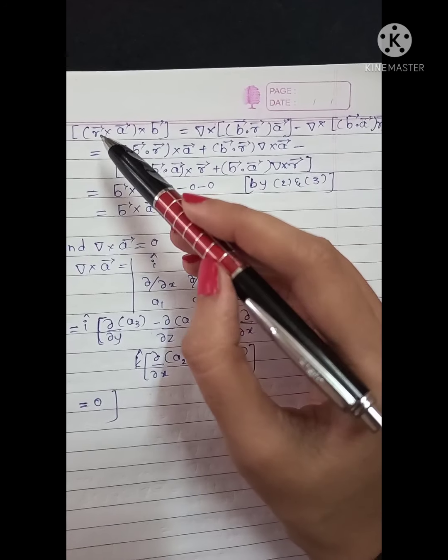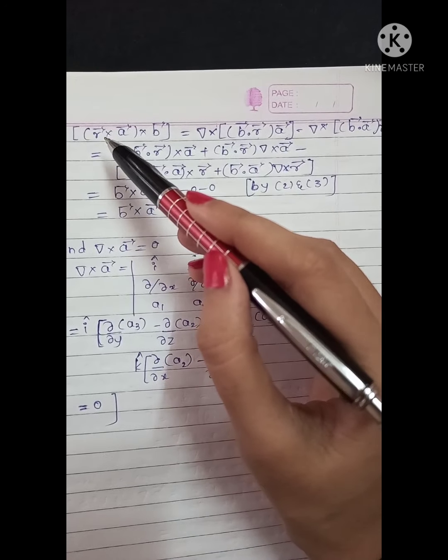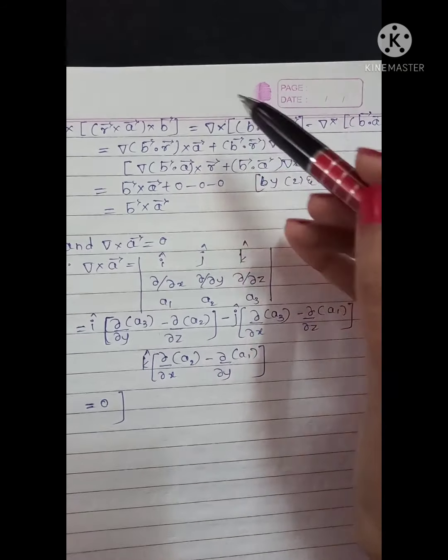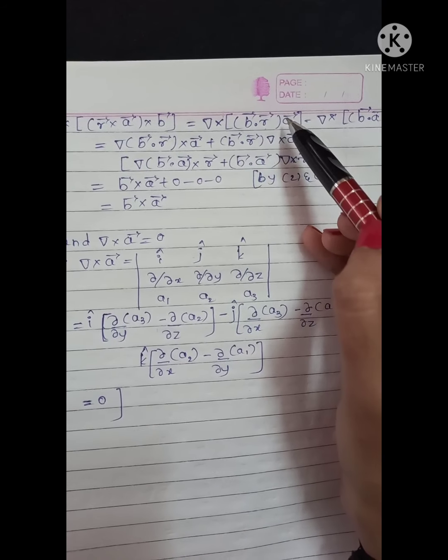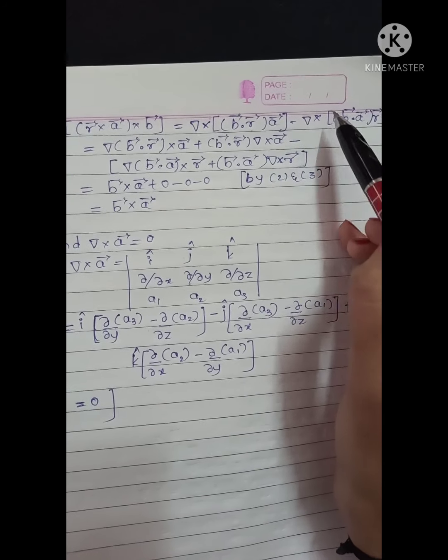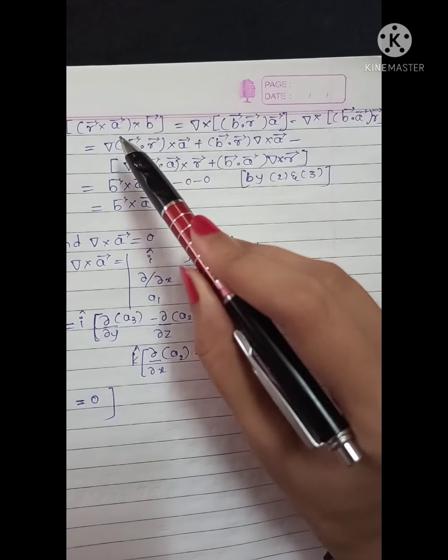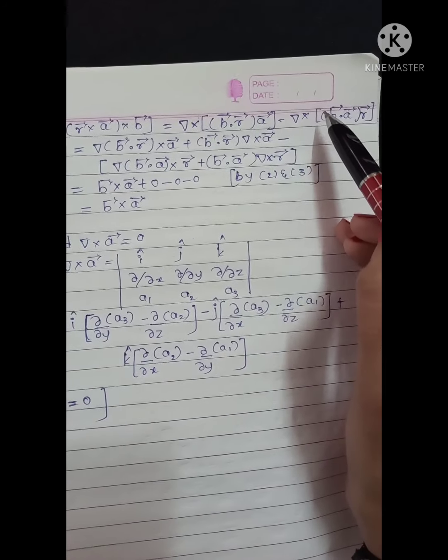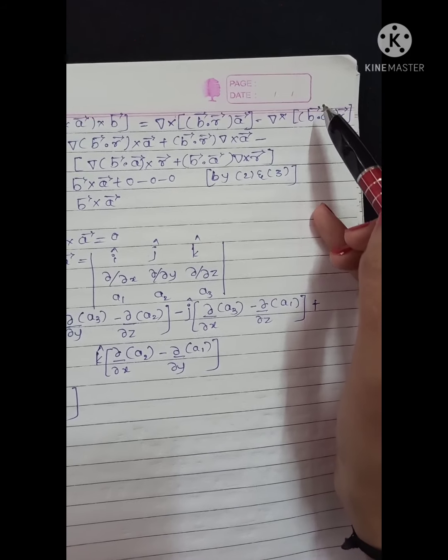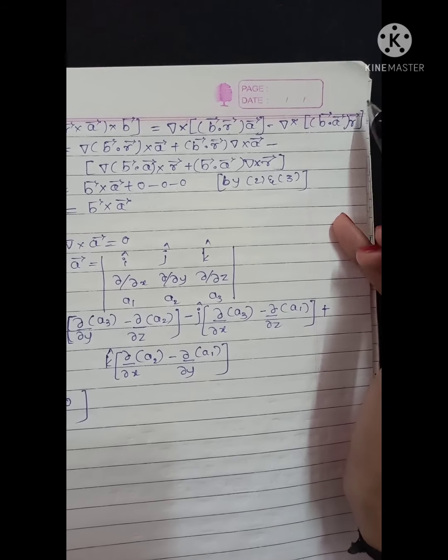We know that vector triple product of r, a and b, its value is b dot r into vector a minus b dot a into vector r. Therefore, it is del cross dot product of vectors b and a into vector r.